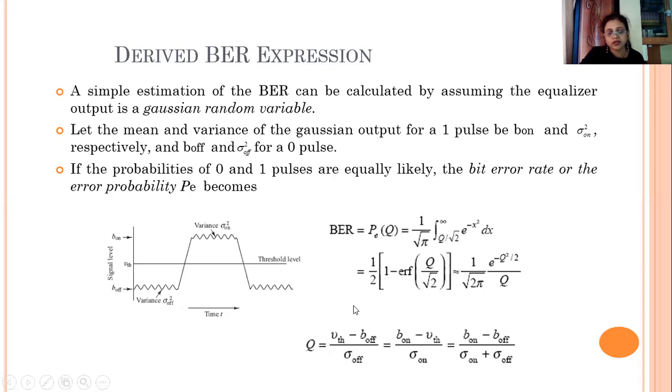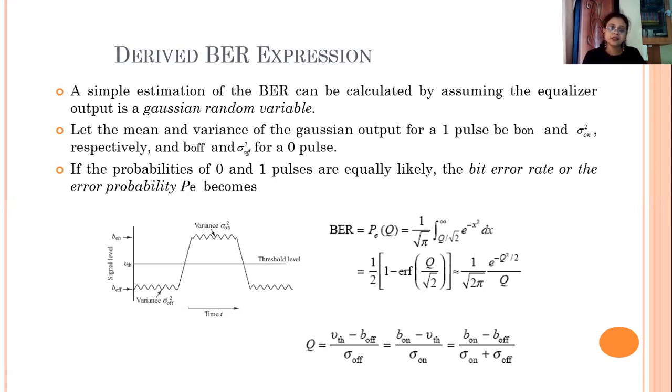So student, the quality factor is all dependent on how much the threshold level is set and the mean and variances of the pulses corresponding to bit 1 and bit 0. And this is how the bit error is defined.